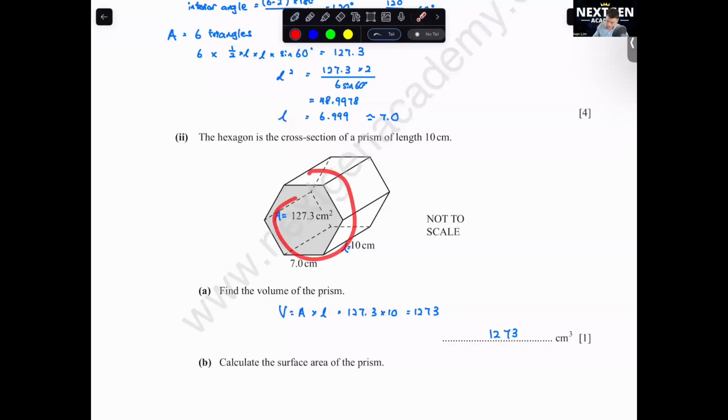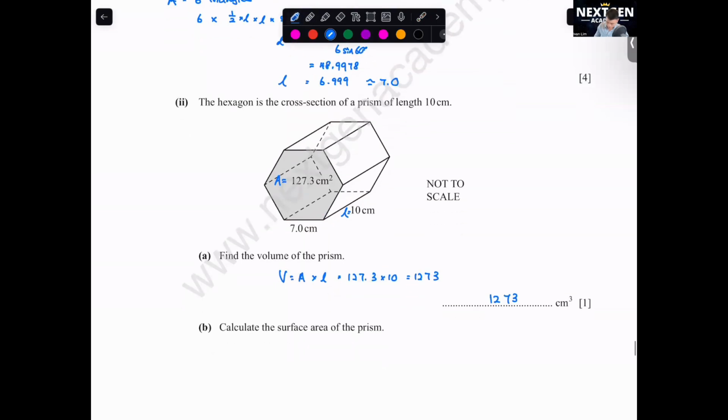Calculate the surface area of the prism. Surface area means outside. So we take this part here, this is 7 times 10. All of it got 7 times 10, you got 6 sides. Here is 10, 7. So you got 6 of it.